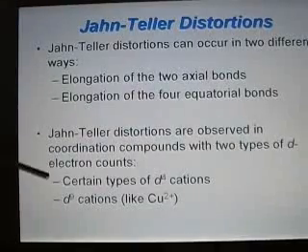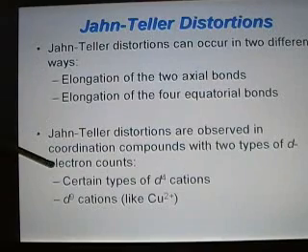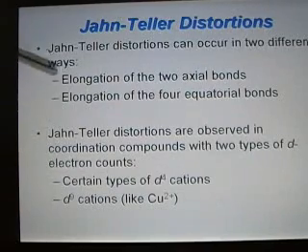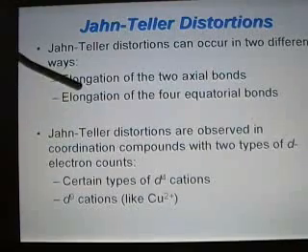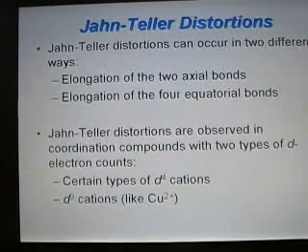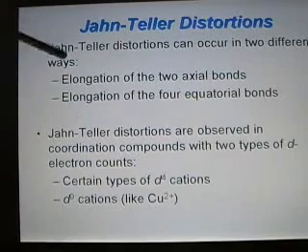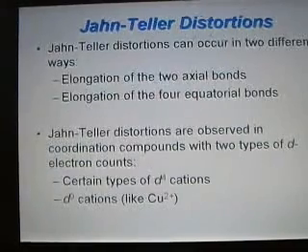Keep this in mind, both of these things are important to know. Certain types of d4 cations, if it has a d4 electron count, that's going to tip you off that you should have a Jahn-Teller distortion. Or d9 cations like copper 2+.